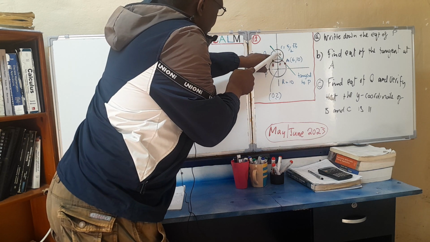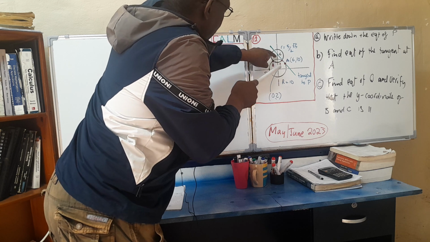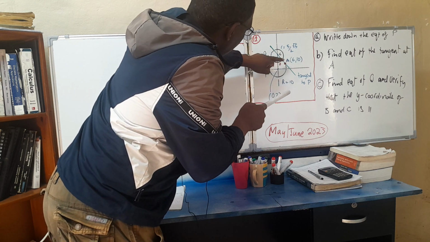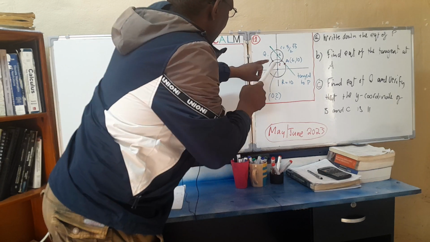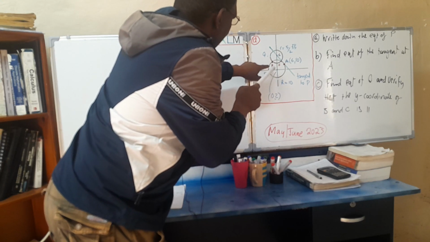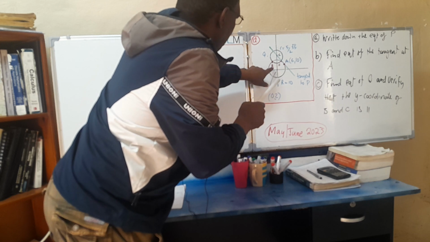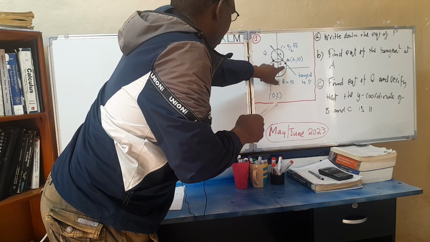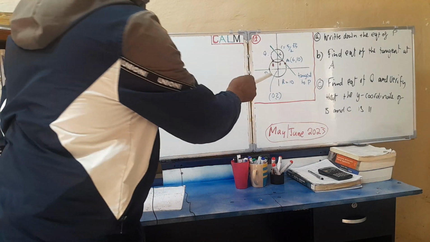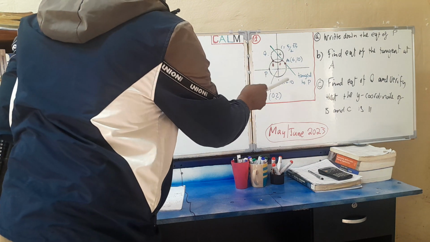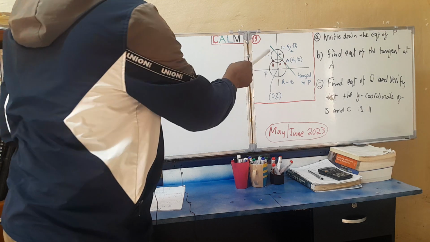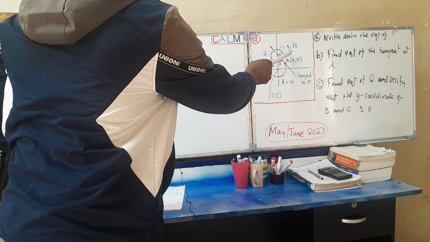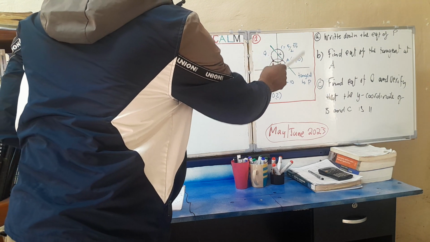And that point C is also the center of the circle Q. Circle Q intersects circle P at 2 points, point B and point C. The radius of circle P is 10. The radius of circle Q is 5 over 2 square root of 5.